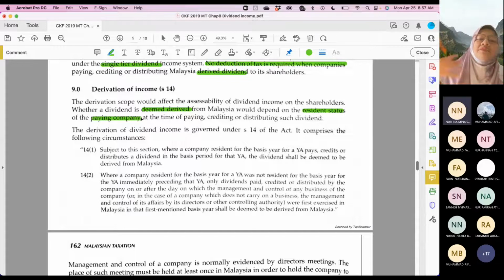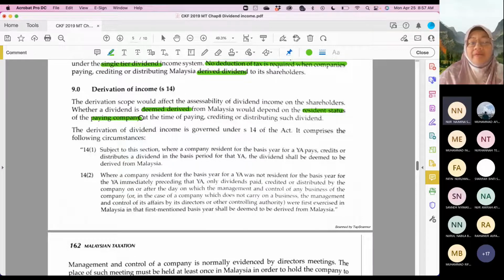So if you receive dividend from a company which is a Malaysian resident company, the dividend is deemed derived from Malaysia. You only look at whether the company has resident status.